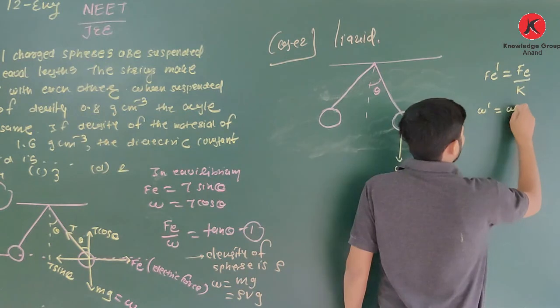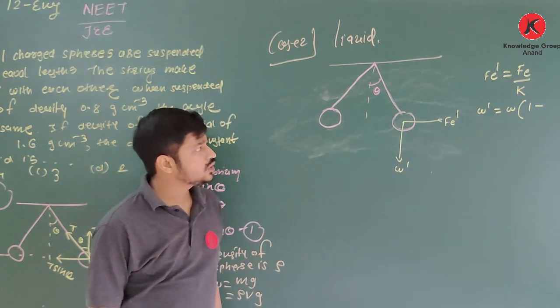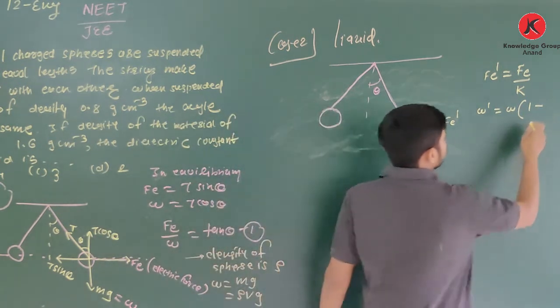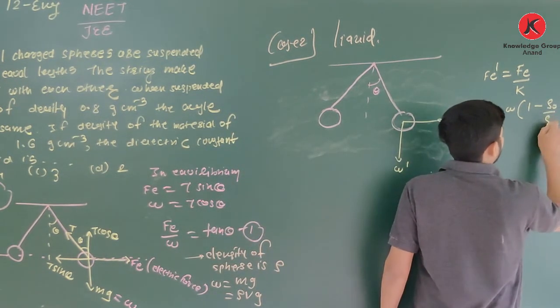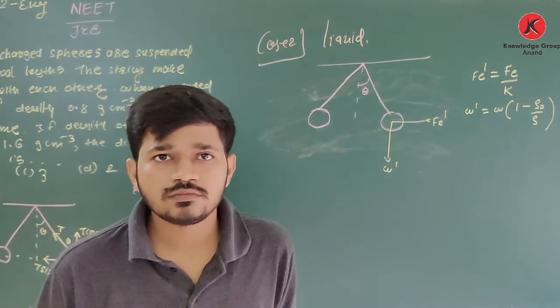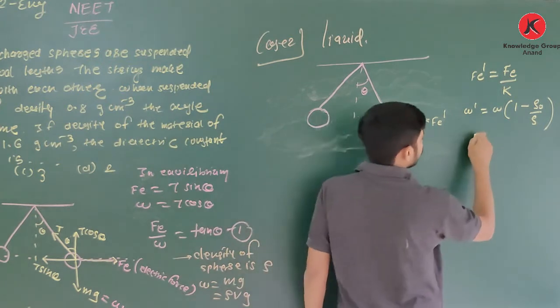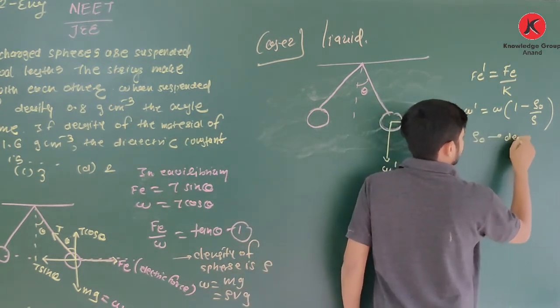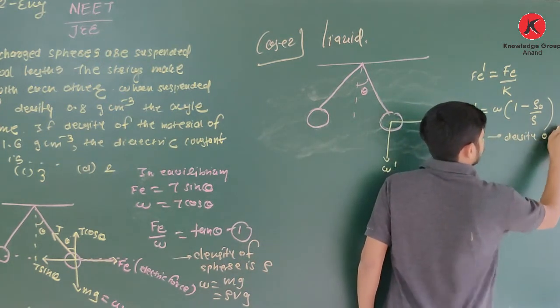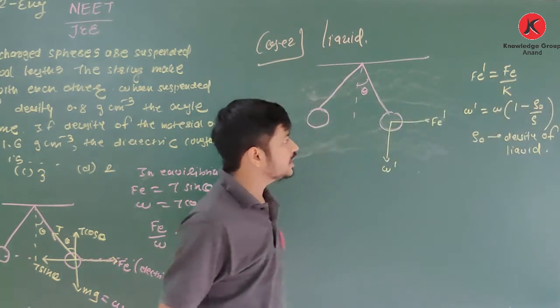W dash is equal to W1 minus, it is rho 0 upon rho, where rho 0 is the density of the liquid.